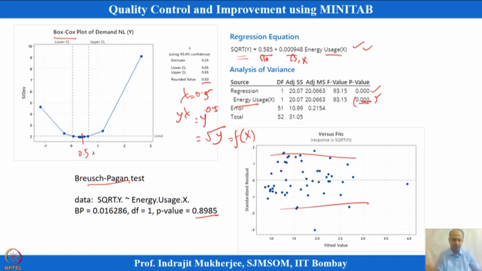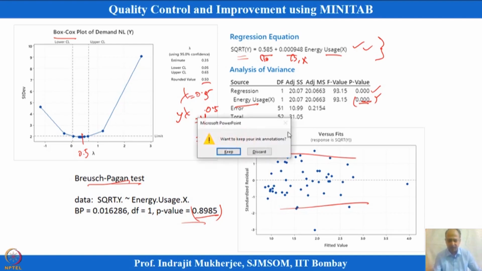The Breusch-Pagan test was again conducted with the residuals saved after generating the equation with square root of y, and the p value is 0.89, which shows that the heteroscedasticity problem is not there. So, this equation can be used for any unknown observation of x to predict y. We will generate square root of y, and that can be converted into y. Okay. So, this is one of the examples.